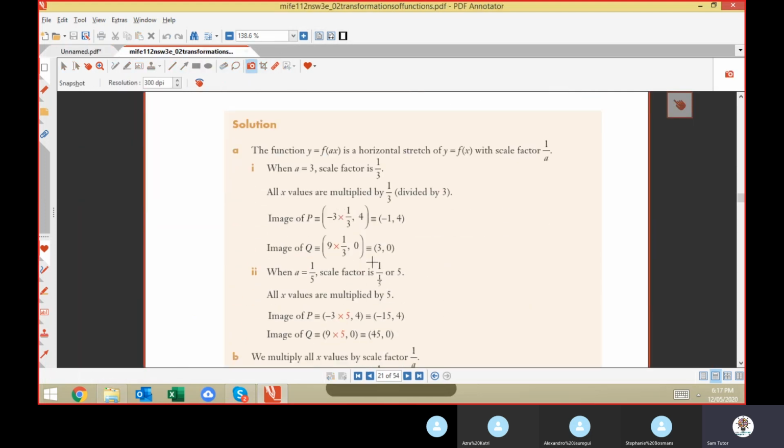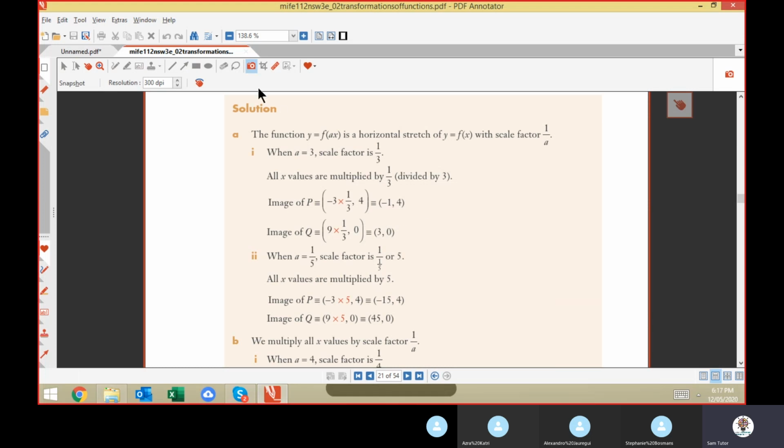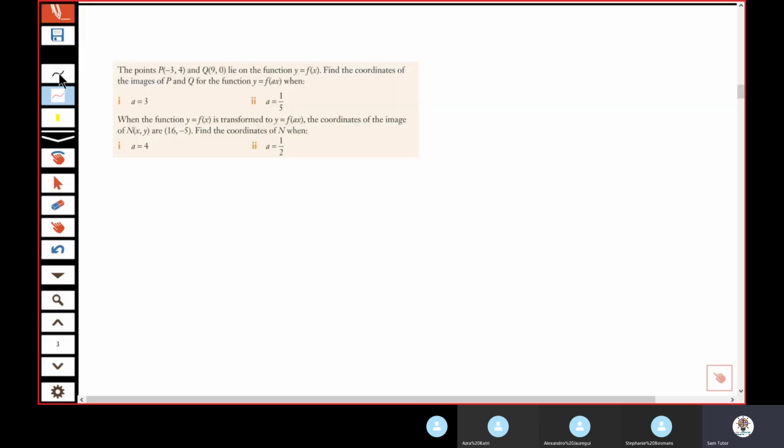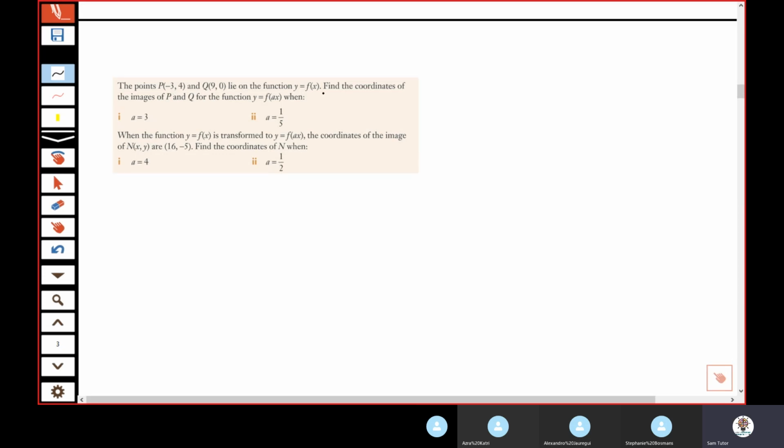Make sure (3, 0). The points P and Q lie on the function y equals f of x.